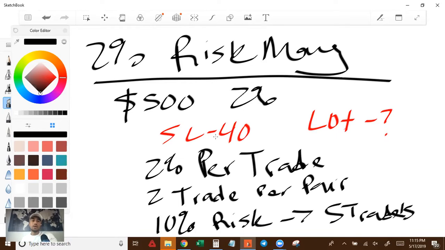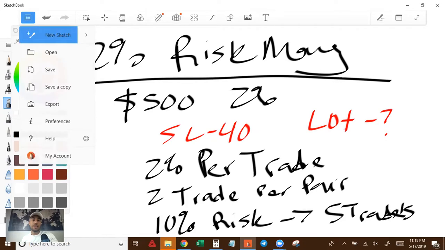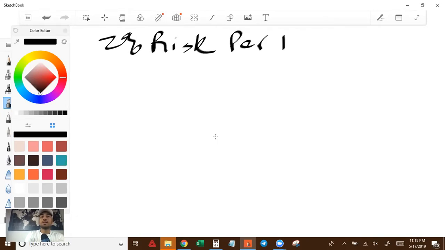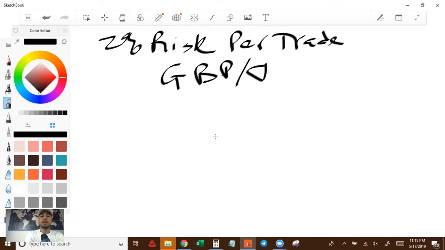Okay, so let's break that down real quick. 2% risk per trade. Let's just say that you got in on a GBPJPY trade at 2%. That's one trade that you got in on.